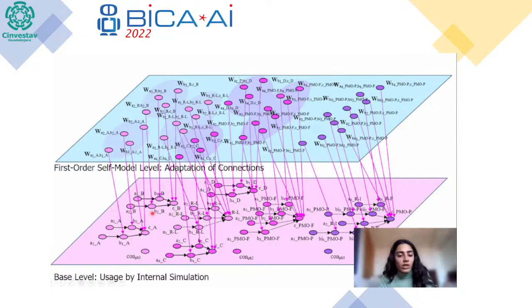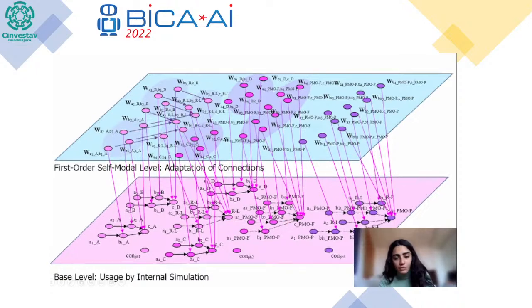And we have W states for all individuals and also shared mental models. And also we have these W to W connections. These connections provide the adaptivity of our mental models, that is, of individuals and shared mental models.